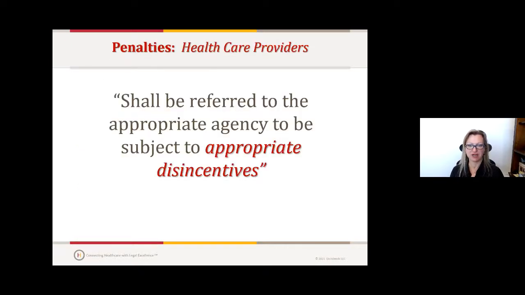As I mentioned, healthcare providers are going to be subject to appropriate disincentives. As I said, there's no rule yet; we're waiting on that. I don't know when it's going to come out. With the administration change, there continue to be very important positions at ONC and elsewhere that have not been filled yet.